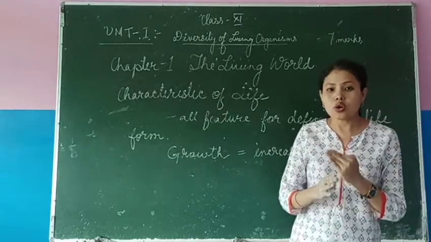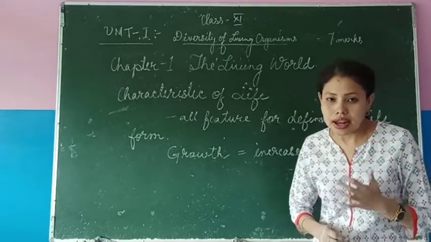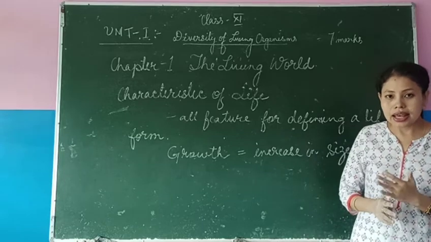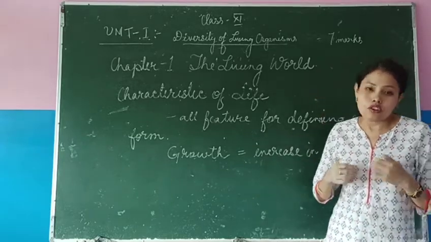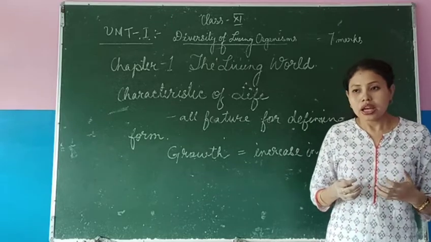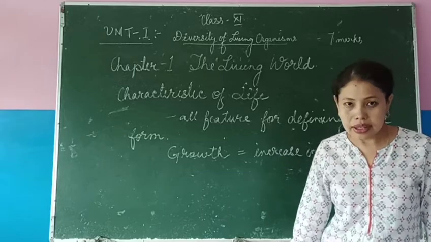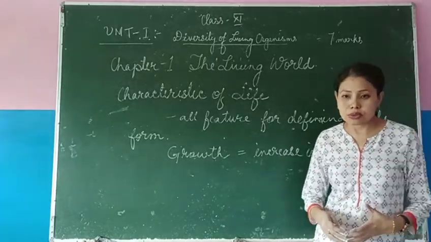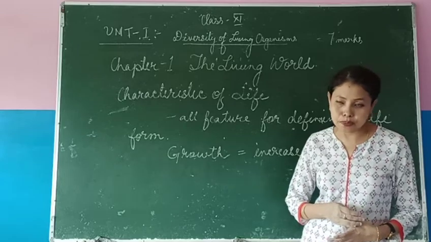Growth does not occur throughout our life in animals. In animals, growth is limited and proportional. Overall our body grows, and it's not like only your hand becomes very elongated. Growth in living organisms, especially animals, is proportional and limited.